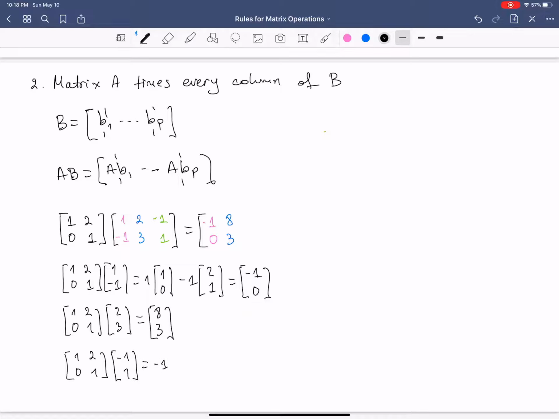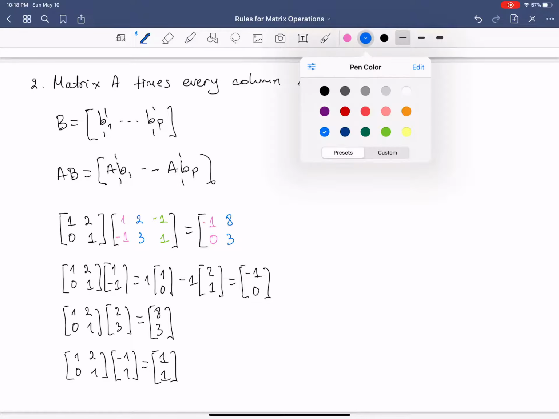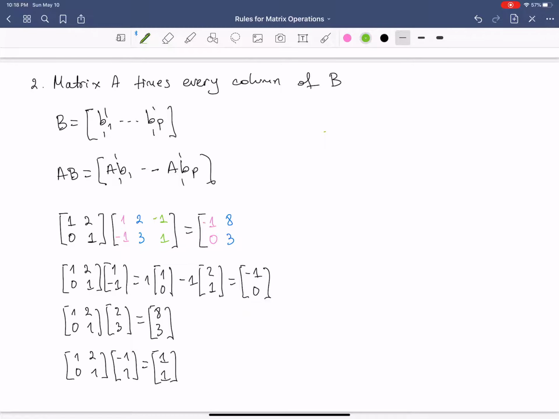Let me just use dot products here. It's just the least writing. So this is negative 1 plus 2, that's a 1, and then the second component is a 1, and that goes right here.